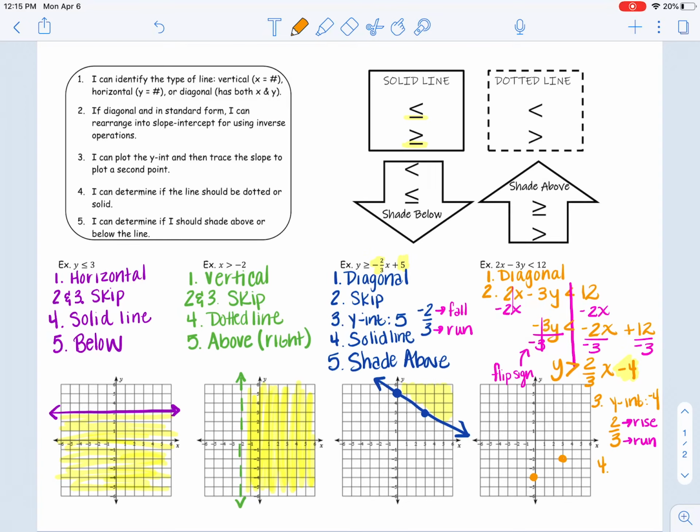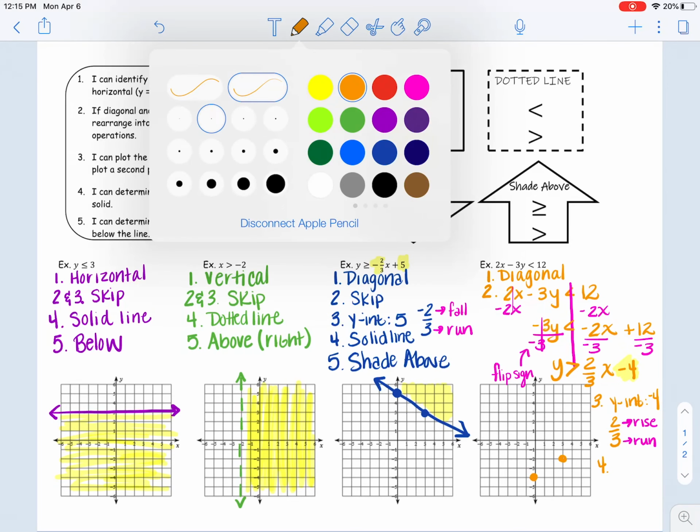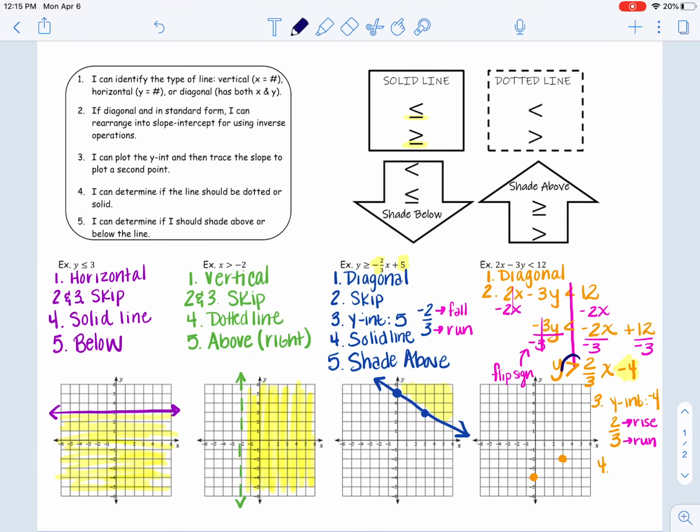Number 4, determine if it's dotted or solid. So because it is greater than, and just to clarify, we want to be looking at this sign. So since it's greater than, it should be a dotted line because there's no equal to. So I'm going to sketch in the dotted line here.